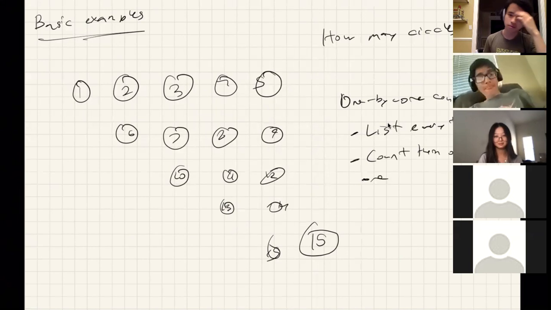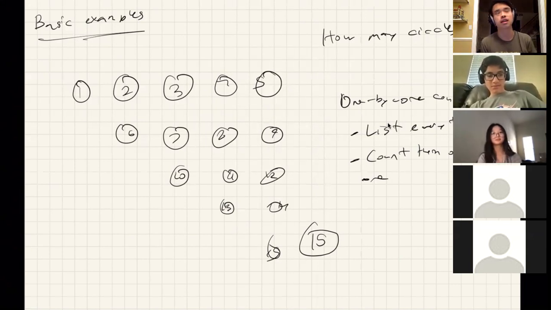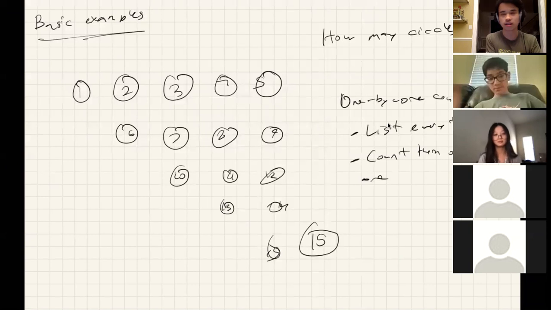And you might be asking me, why am I talking about this? Why are we covering such a boring and basic idea? The actual thing is that for a lot of the earlier AMC level problems, this is basically all you need to solve them, right? You just have to list everything that satisfies it, and then you just count them up.